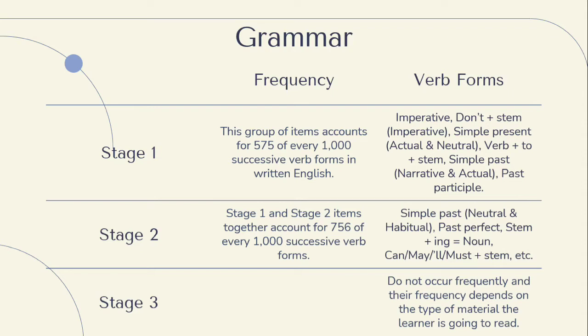Items for stage 3 of a course do not occur frequently, and their frequency depends on the type of material that the learner is going to read. Items like verb plus to plus stem occur early in the sequence because they allow learners to fulfill their language needs, for example, I like to sing or I want to go.